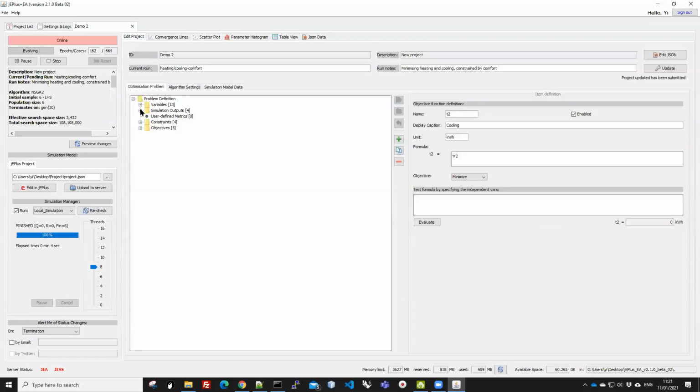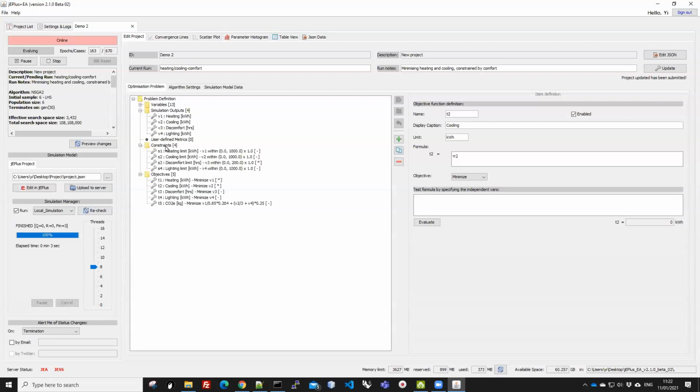V1, V2 are the values reported by simulation, and those are the input values that you can use to calculate your constraints and objective functions. So V1 to V4 are defined here, in the models.